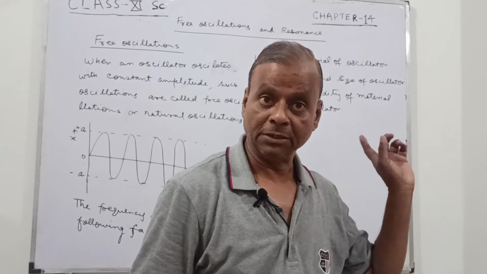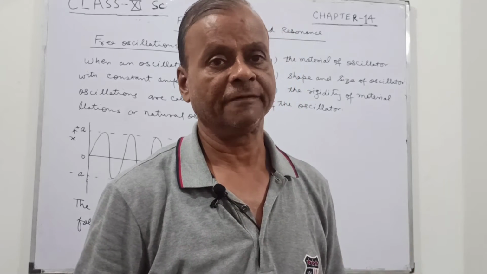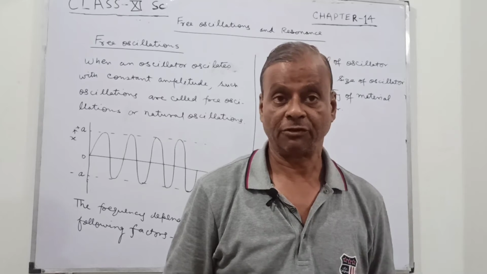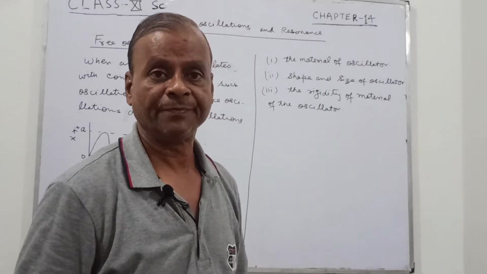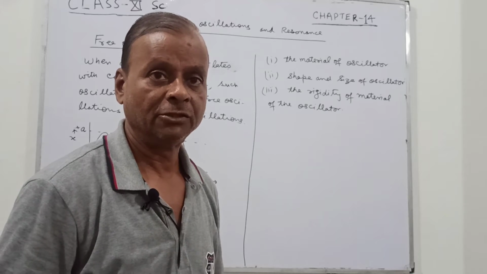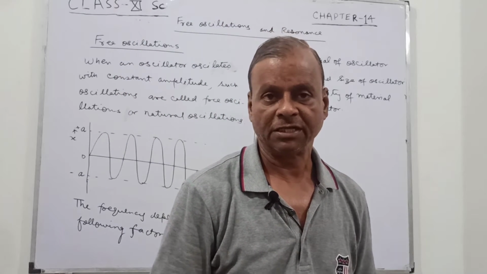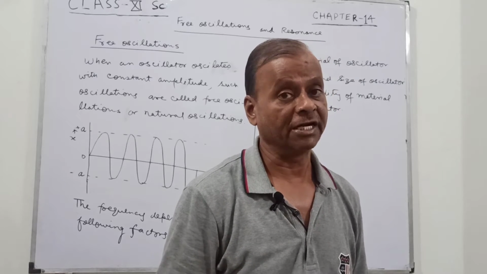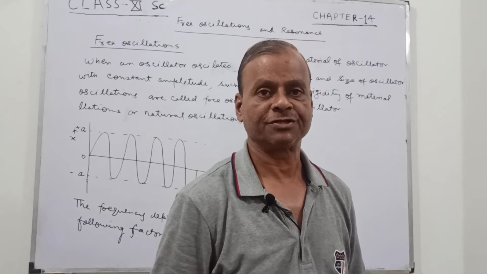And if we take some material like metals or alloys, then the sound is very good. So they oscillate with the natural frequency. All the musical instruments like guitar, violin, etc., and drums also always oscillate with the natural frequency.